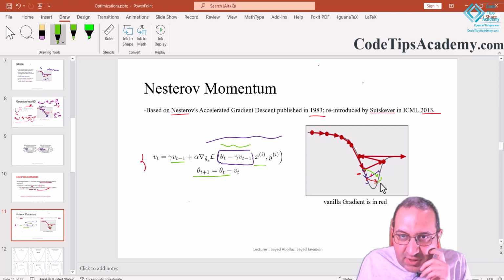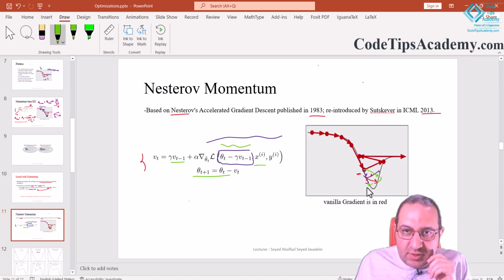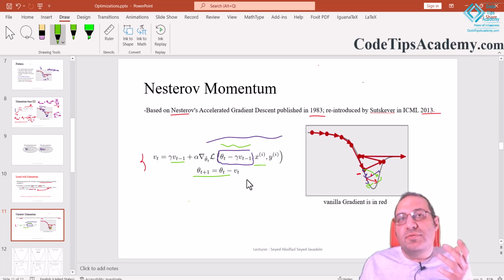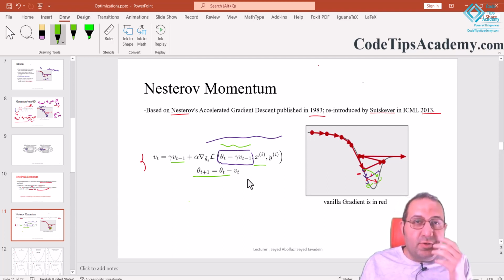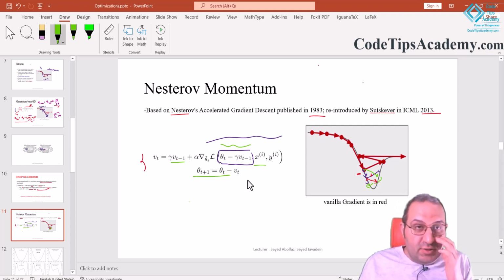It means less oscillation, and in each step the oscillation is less too. It has a very good effect on the speed of convergence in the momentum-based gradient.